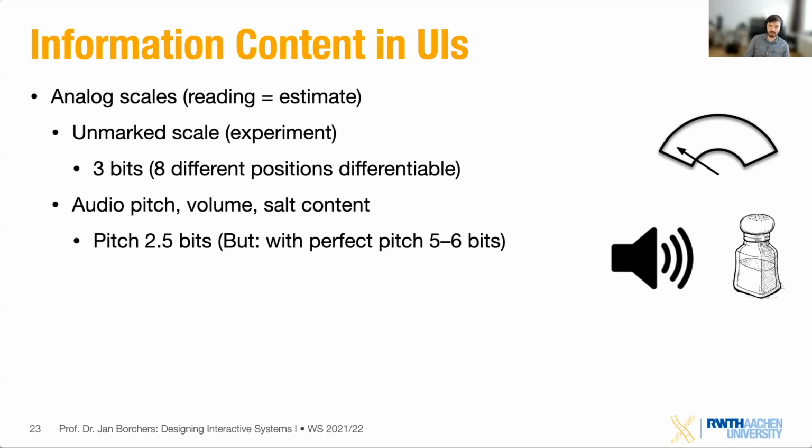And if people have a perfect pitch, so they can identify pitches very good, those numbers increase. For volume, this is the same. So there, per experiment, we found out that this is about 2 bits. And for saltiness, by the way, I would love to see how the experiment looked like. Then we have 1.8 bits.